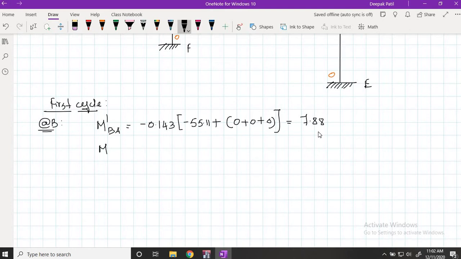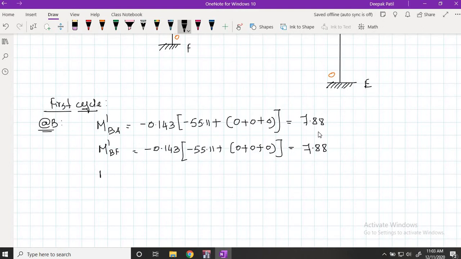Now let me calculate M dash BF. Same, the rotation factor for BF is minus 0.143. The summation of fixed moment is minus 55.11, and here also it is 0, 0 and 0. This also comes out to be 7.88.